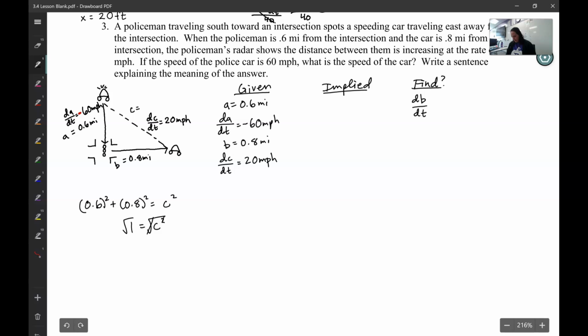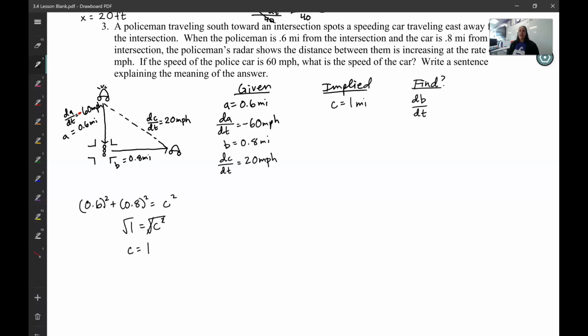So C is technically plus or minus 1, but it's a distance, and we don't really do negative distance, so 1. So it's implied that C equals 1 mile.